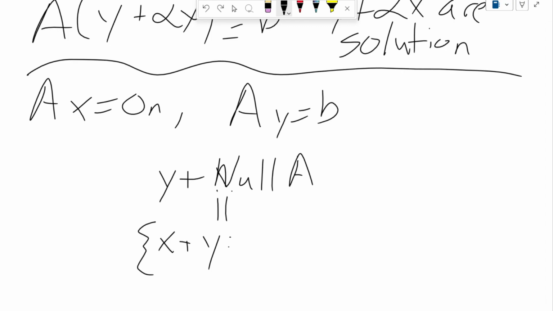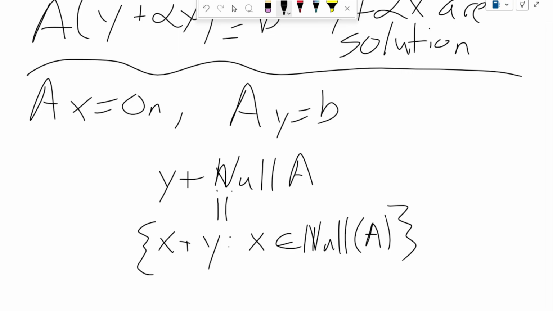It's a set of all things, and the constraint we're going to have is, well, we're just going to require x to be in the null space of A. And so it turns out that this set of all sums between things in the null space of A and just a single solution to our system is actually all possible solutions to this system.